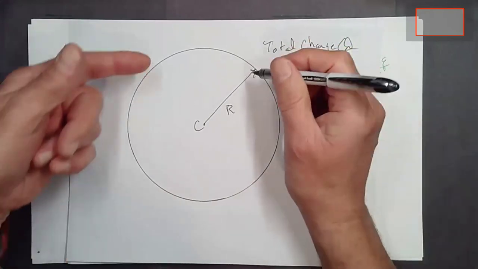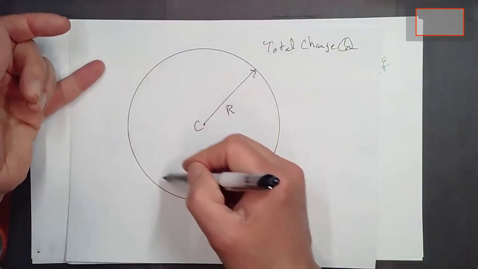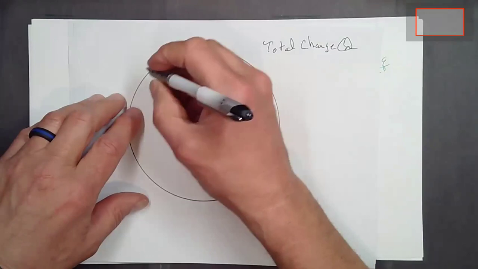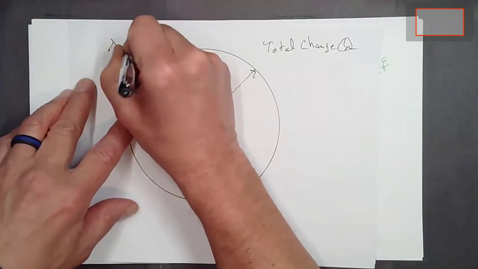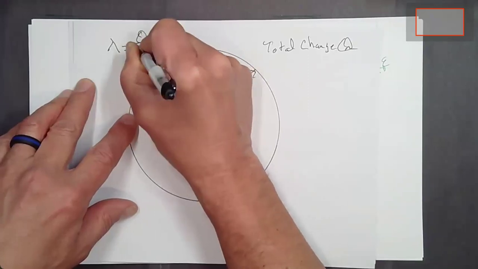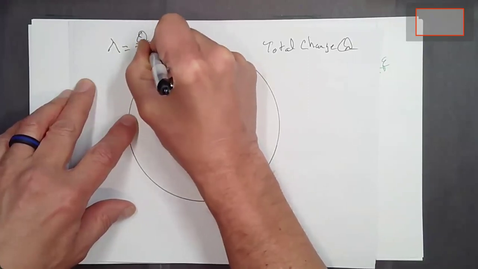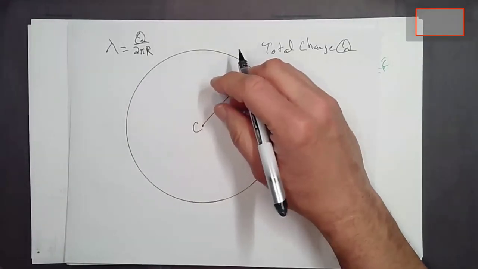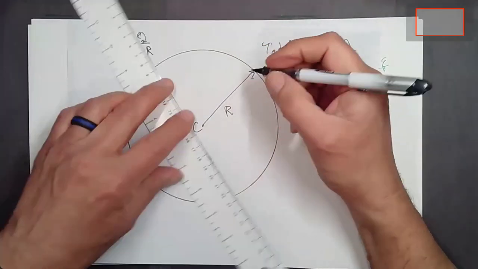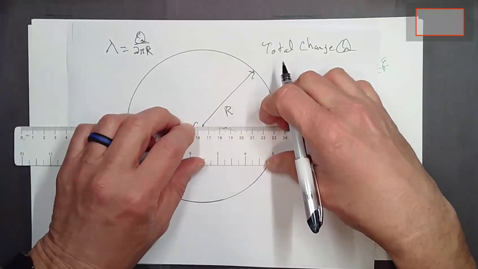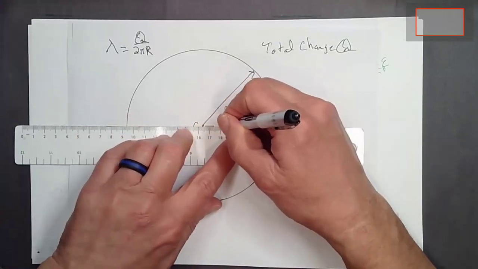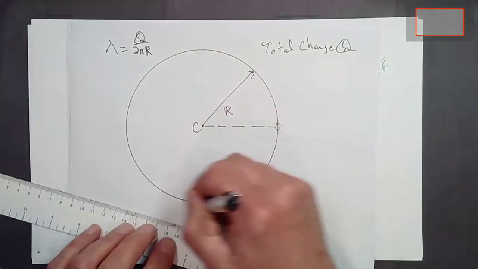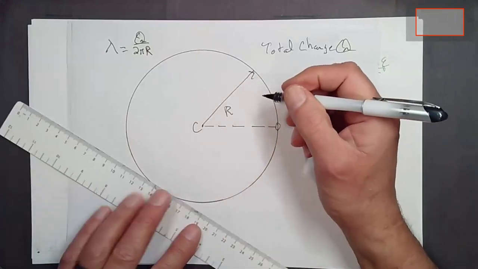Okay, well, I'm going to figure out a charge per unit length on this thing just for the heck of it. And lambda will end up equaling that Q divided by the circumference of it, which is just 2 pi capital R. And then I'll use little tiny segments of this thing and add them up, and I think I'll maybe integrate in a clockwise direction, and I'll start here and just integrate all the way around the entire circle here.